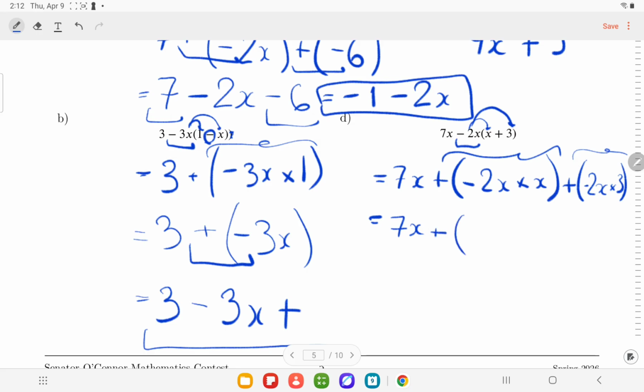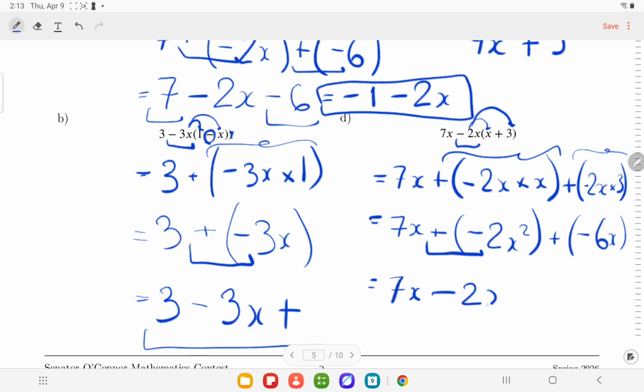Negative 2x times x gives us negative 2x squared. And negative 2x times 3 gives us negative 6x. And then here we have a plus times a minus sign. So this ends up being minus 2x squared. And here we have a plus and a minus as well, so it ends up being minus 6x.